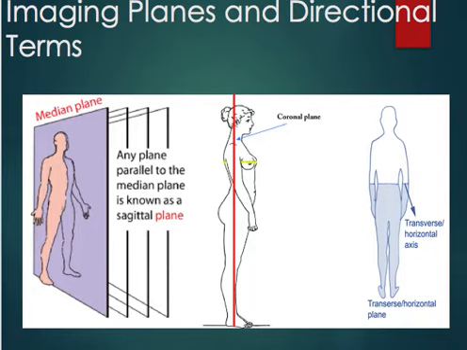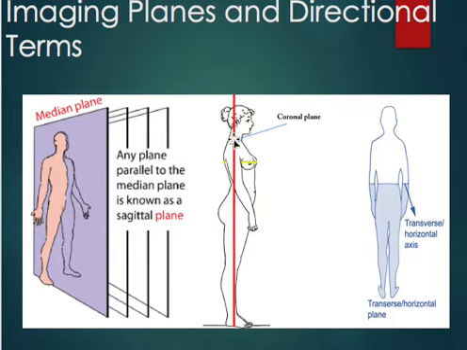This is a little diagram of the different planes here, so you can see a visual. So this is the mid-sagittal plane here because it's dividing the body into equal right and left halves. And then any plane that would run parallel to that is just a sagittal plane because they're not equal.